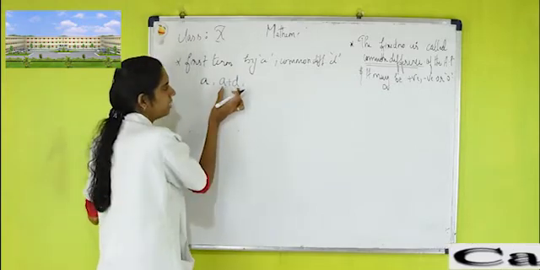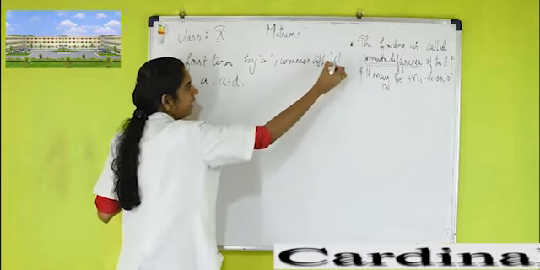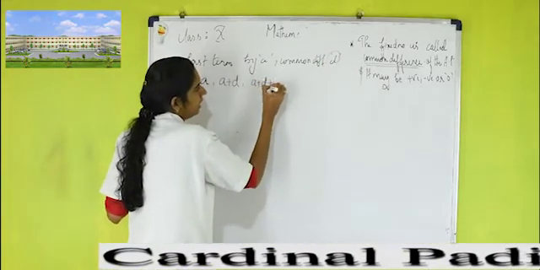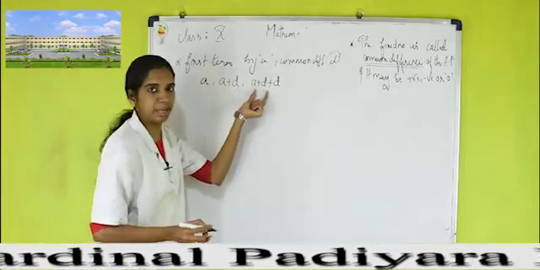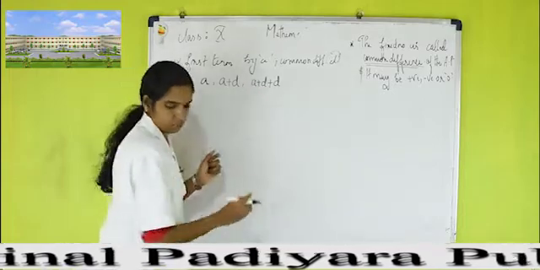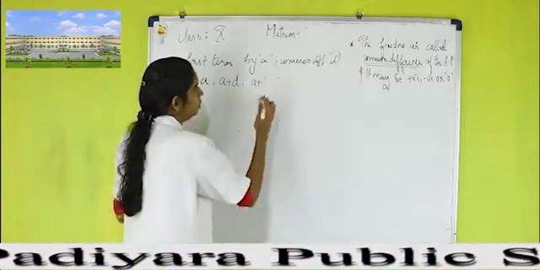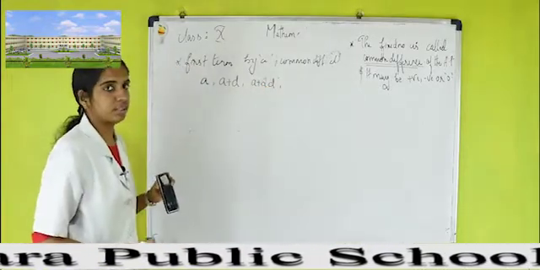So what is the next term? If we are adding to the second term, we should add the common difference, which is D. So A plus D plus D, which can be written as A plus 2D. How will you get the fourth term?